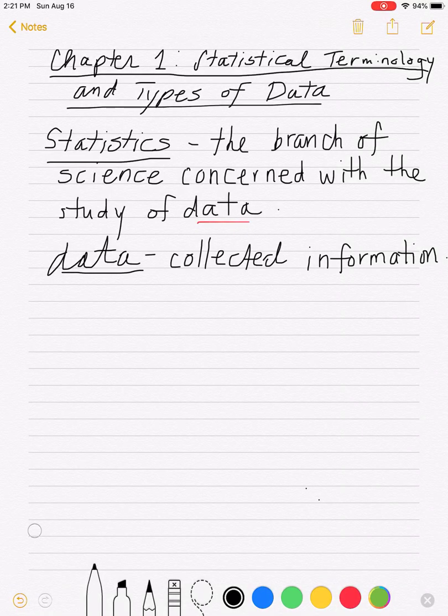One is called descriptive. Let me write two branches of statistics.